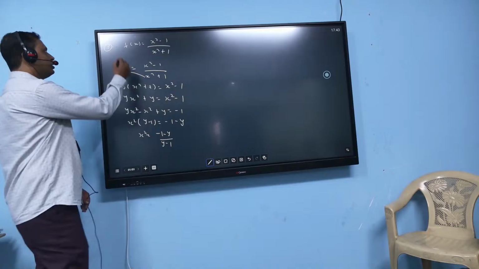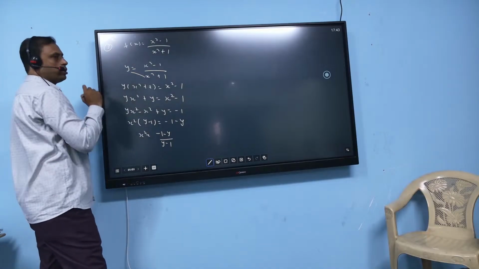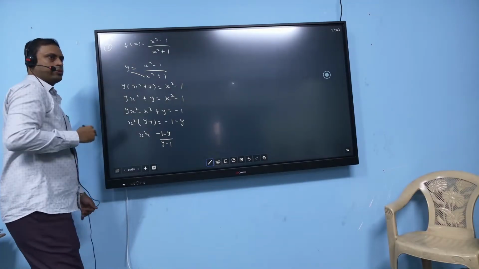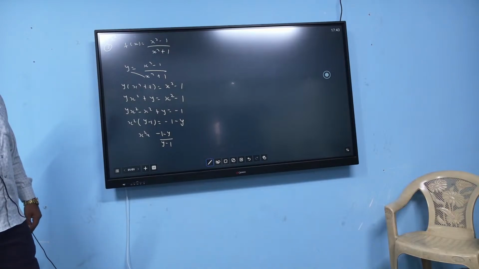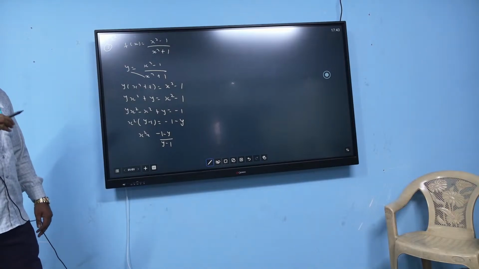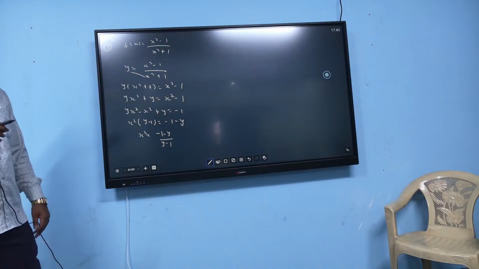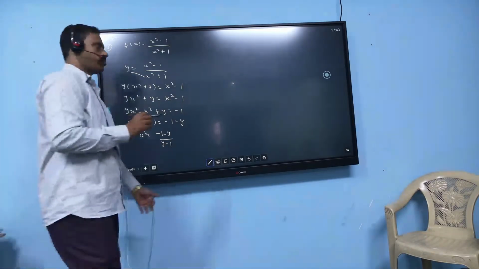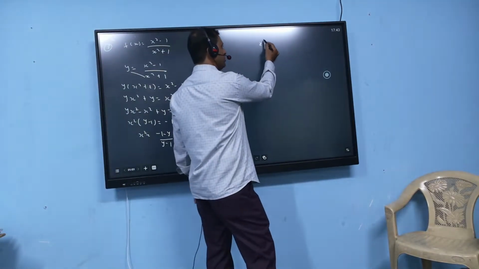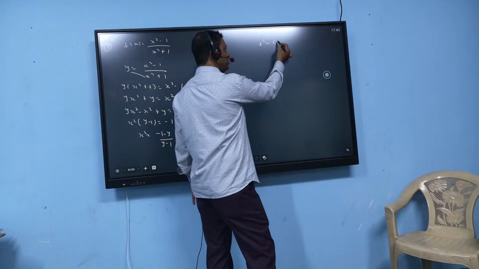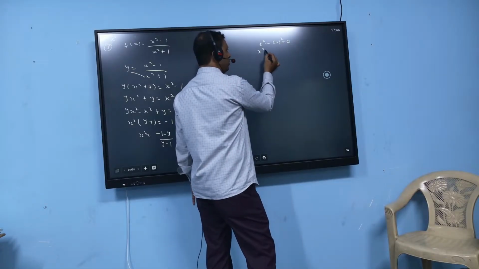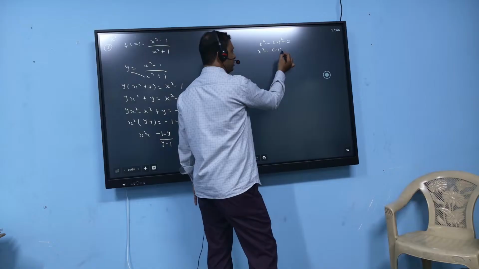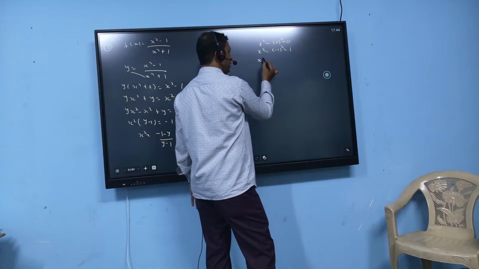Now see, we know that range of x square is what? You have x square. Whatever values you put, what answer do you get? If I take x as 0, you are getting 0. When I take x as minus 1, x square is 1.